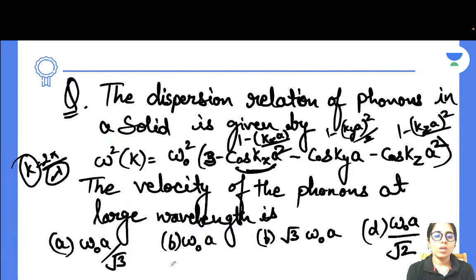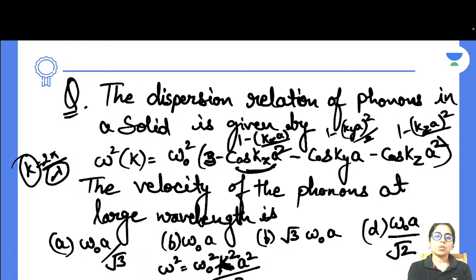So you will have omega square is equal to omega naught square, 3 will get cancelled out, k square a square over 2. Why? Because kx square plus ky square plus kz square will give you k square, the sum of all those. So k square a square over 2. Now it's giving you omega is equal to omega naught ka over root 2.